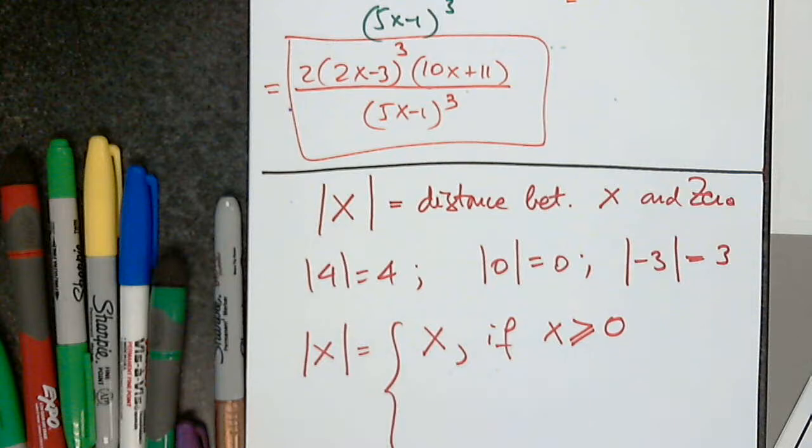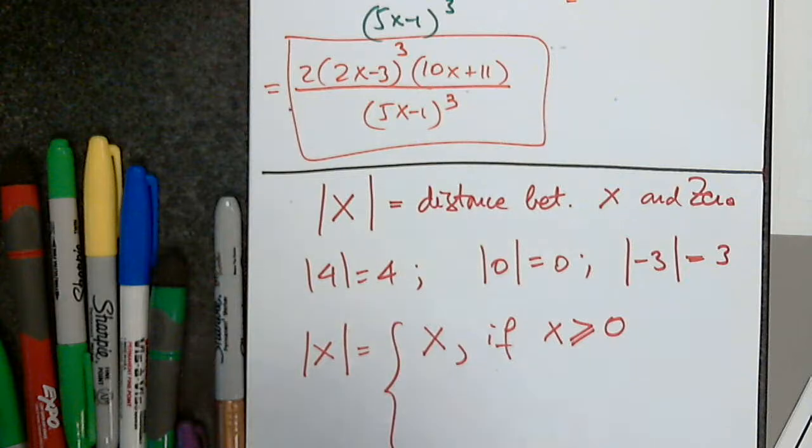It doesn't change if it's 0. So one more time, what did we just say? The absolute value of a number is the number itself if the number is greater than or equal to 0. But there is a second option, right? What is the second option? If what?